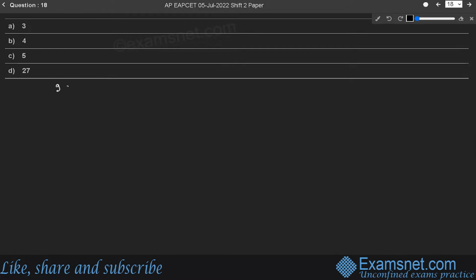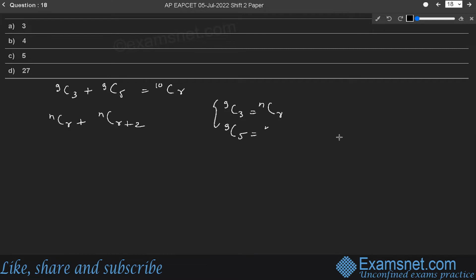It is given that 9C3 plus 9C5 is equal to 10CR. It can be written as NCR plus NCR+2, because we know that 9C3 is NCR, where N is 9 and R is 3. So 9C5 will be NCR+2 because 3 plus 2 is 5.